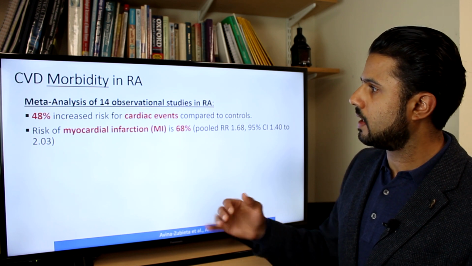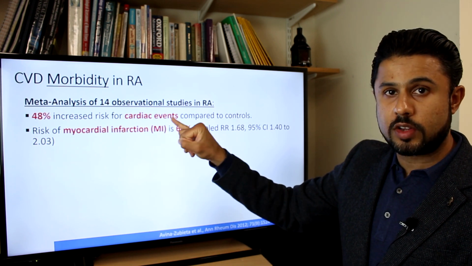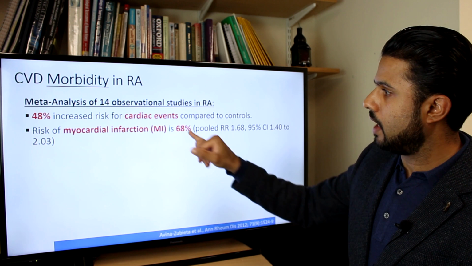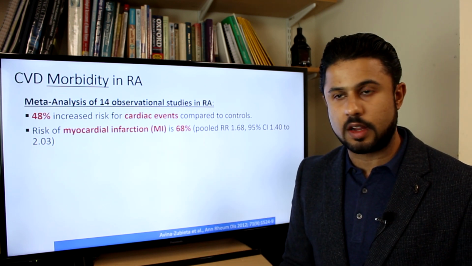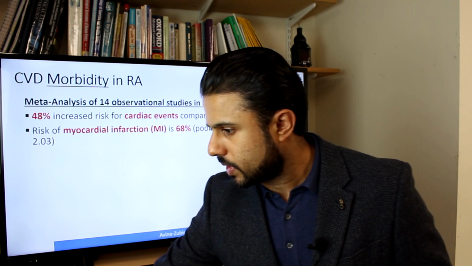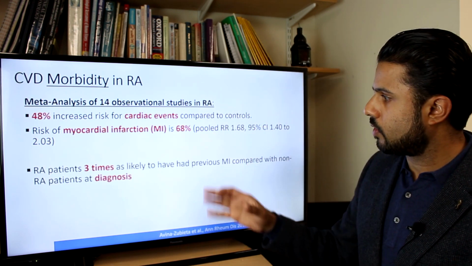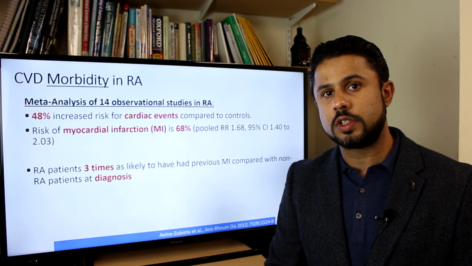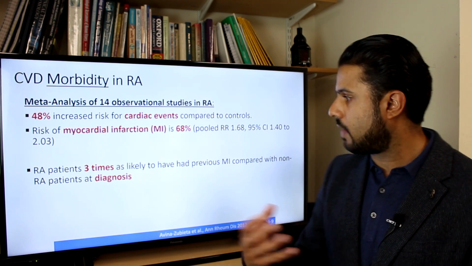What they found was a 48% increased risk for a cardiac event, and the risk for the most severe cardiac event, which is a myocardial infarction or heart attack, was 68%. Okay.